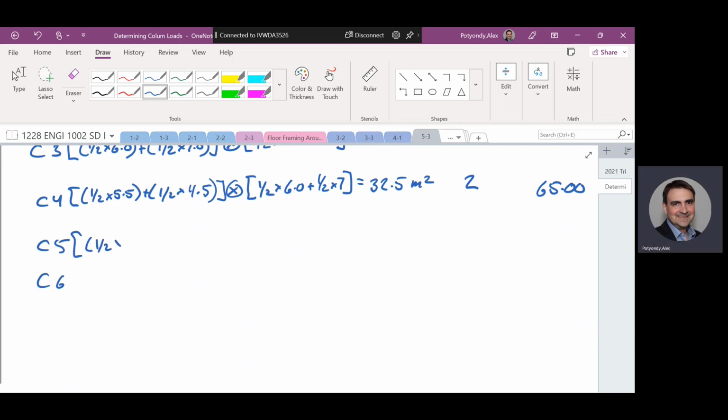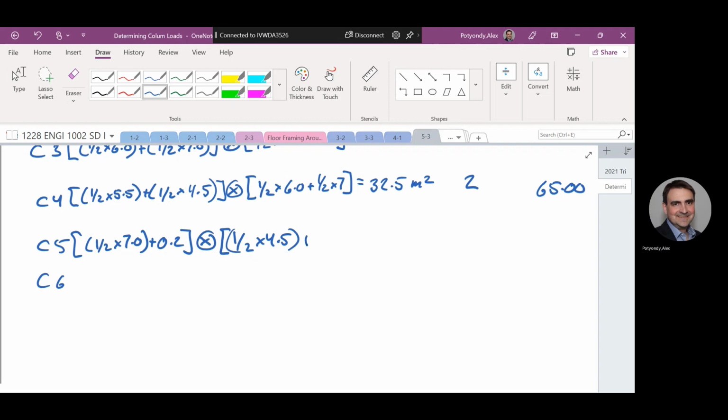And I'm going to have 1/2 times 7 plus, oh, sorry, plus 0.2. That's all I need there. And I'm going to multiply that by 1/2 times 4.5 plus 0.2, the corner column.